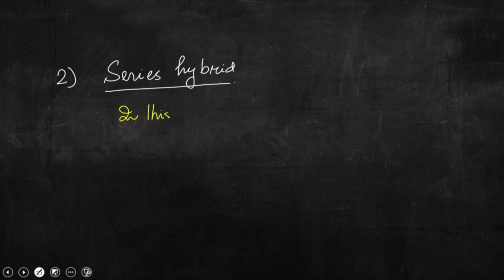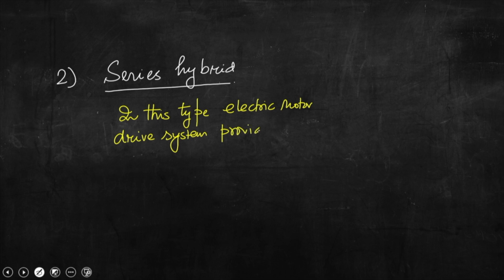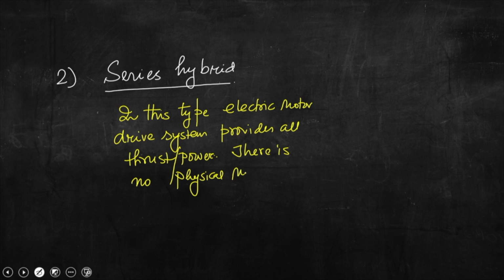In this type, the electric motor or electric motor drive system provides all thrust or power, and most importantly there is no physical mechanical connection between the combustion engine and wheels.